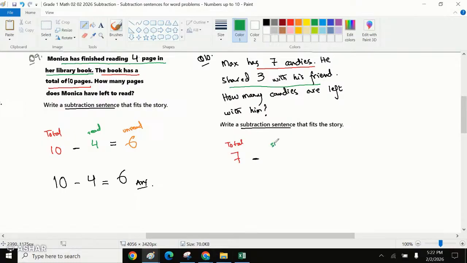So he is left with remaining candies, which would be 7 minus 3. 7 minus 3 is 4. So we write the subtraction sentence as 7 minus 3 equals 4. And that is your answer.